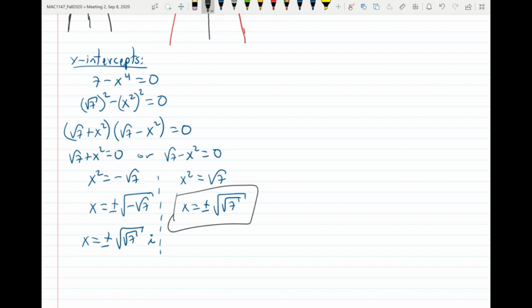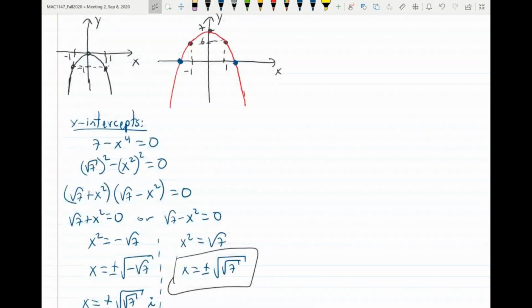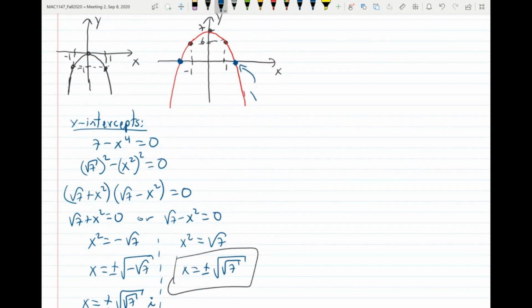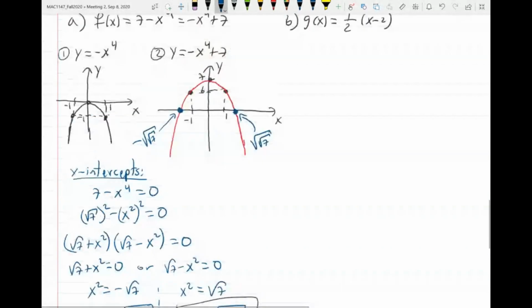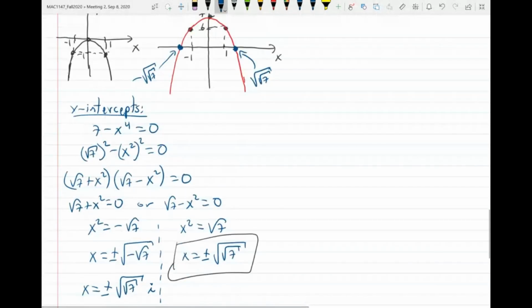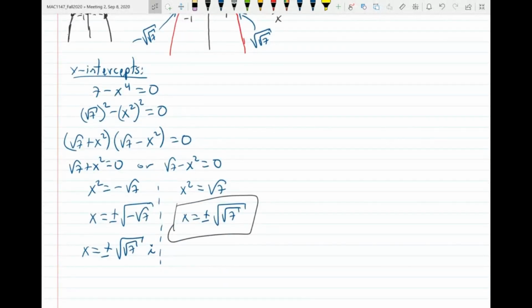This one right here is a positive guy, and this one right here is a negative guy. But notice that this polynomial is of degree 4, and we found 4 zeros, 4 solutions to the equation: the 2 reals and the 2 imaginary.